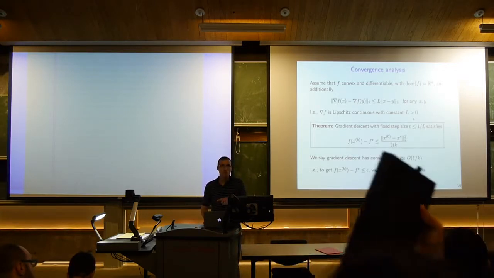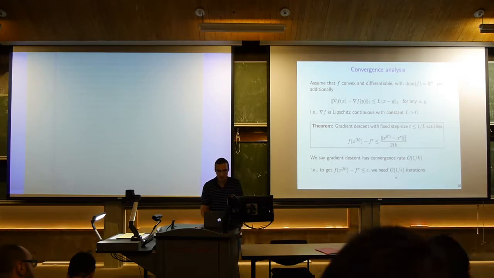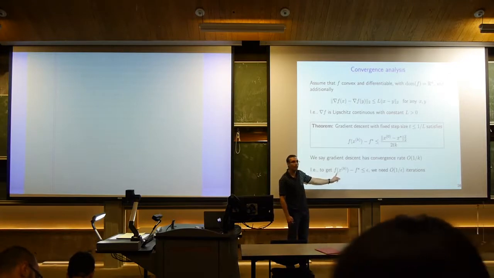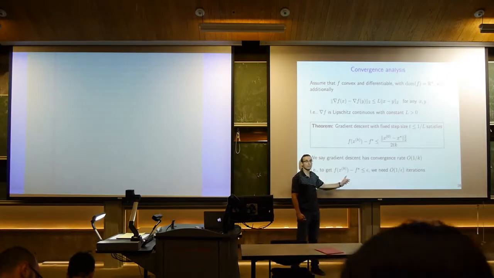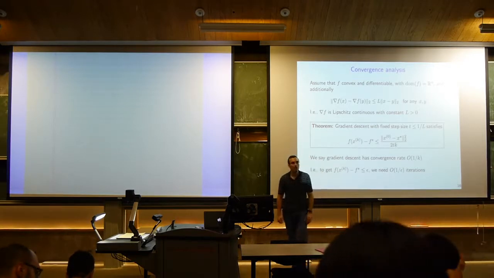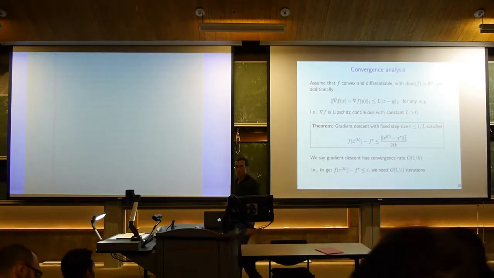Under this regime, we proved in class that to get an epsilon suboptimal solution, to arrive at a point xk such that the criterion value at xk minus the optimal value is less than or equal to epsilon, we need on the order of 1 over epsilon iterations.